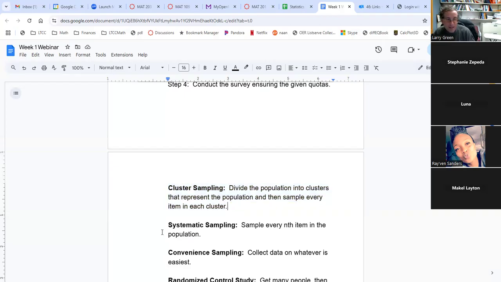Okay, let me talk about the next one. That is systematic sampling, and in general, that is surveying every nth item in the population. This is especially done in manufacturing. So let me give you an example. A former student of mine started a business, and he actually made towels for hotels.